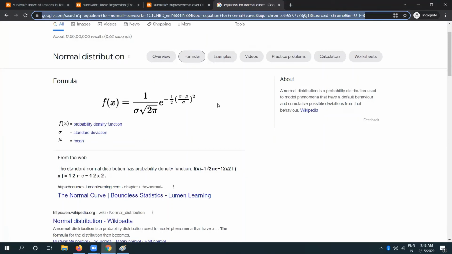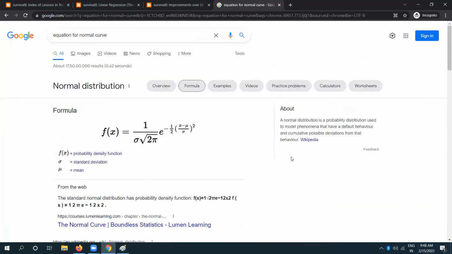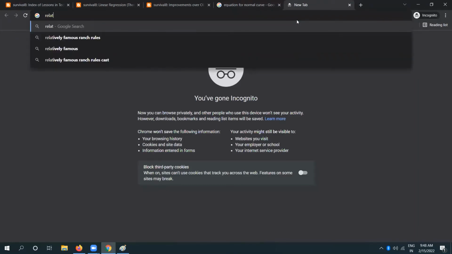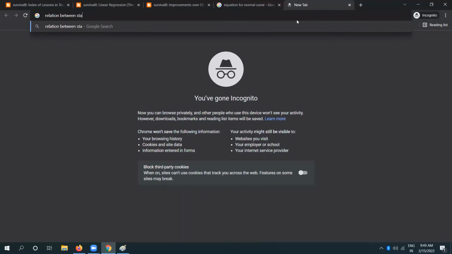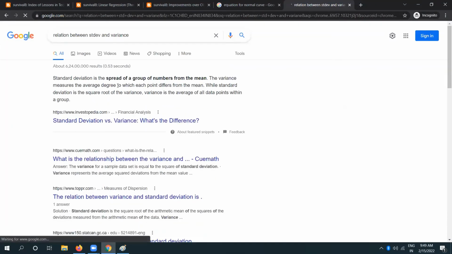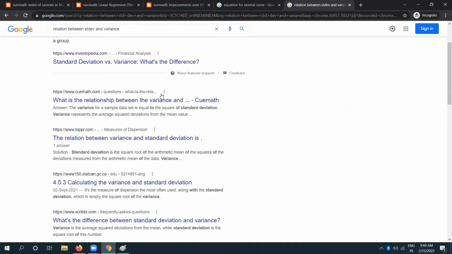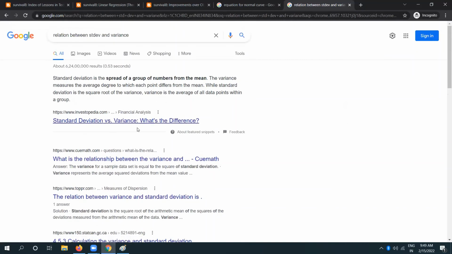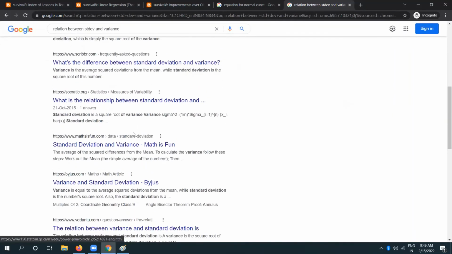Variance is the square of standard deviation. Standard deviation is the spread of a group of numbers, and variance is measured by the average degree to which each data point differs from the mean. Mathematically, when you get the variance, you take the square root of it and you get the standard deviation.